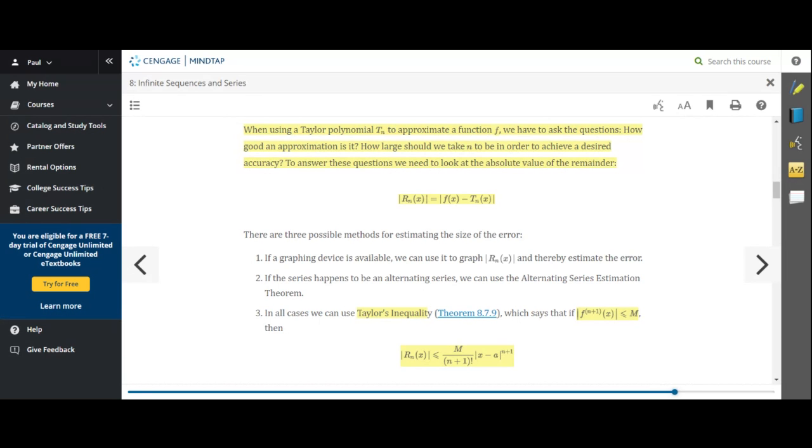Remember back in section 5.9, when you were approximating integrals with the trapezoidal rule, the midpoint rule, and Simpson's rule? Remember the error-bound formulas that you saw for those rules in section 5.9?